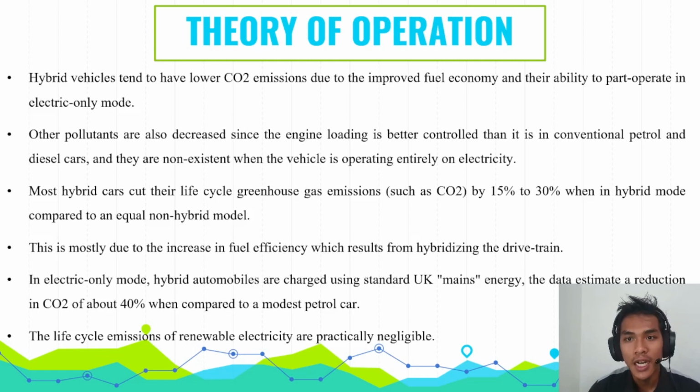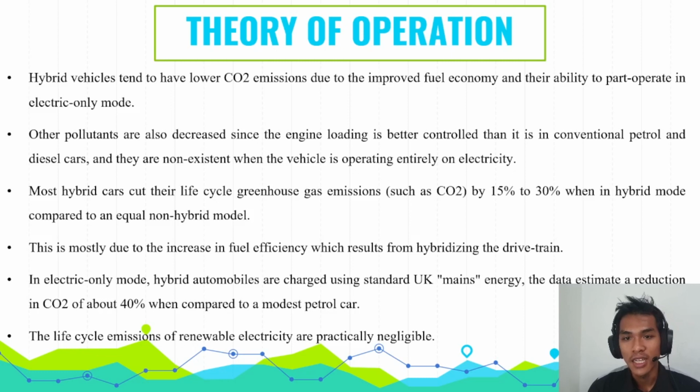Most hybrid cars cut their life cycle greenhouse gas emission, such as carbon dioxide, by 15 to 30% when in hybrid mode, compared to an equal non-hybrid model. This is mostly due to the increase in fuel efficiency which results from hybridizing the drivetrain.